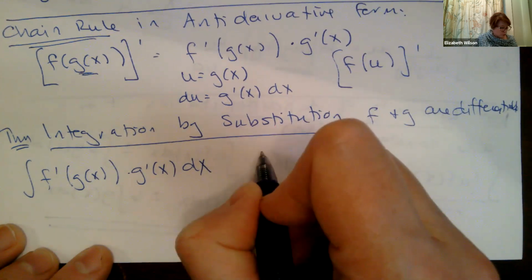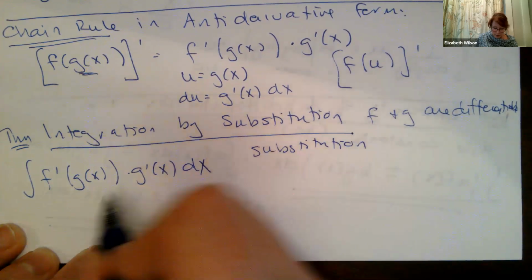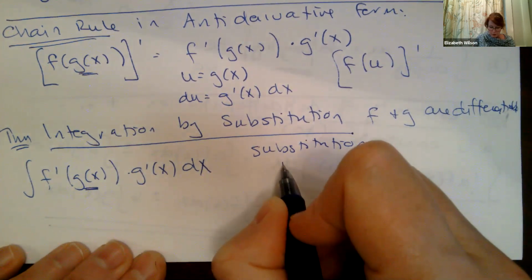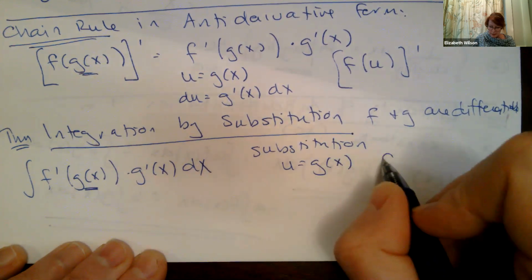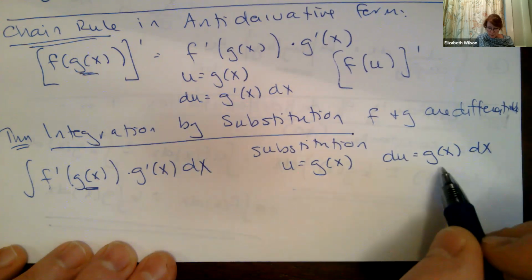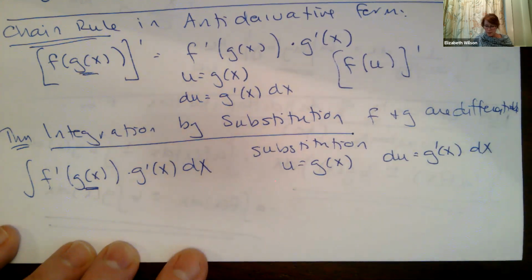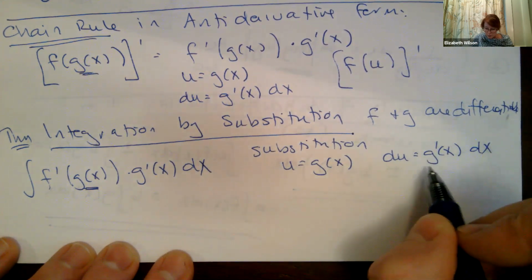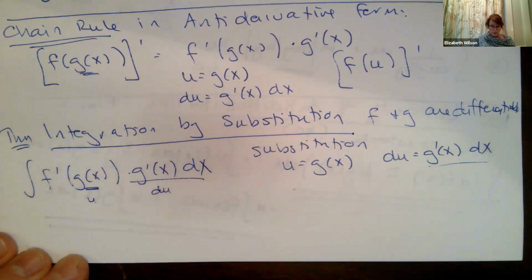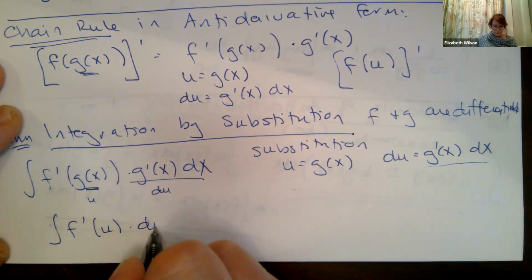So I can do my substitution. I take my inside function, typically it's usually a more complicated function, u equals g of x, and I take that derivative, g prime of x dx. And now I'm going to substitute g prime of x dx for du. I'm going to substitute g of x for u. So now what I get is the integral of f prime of u du.